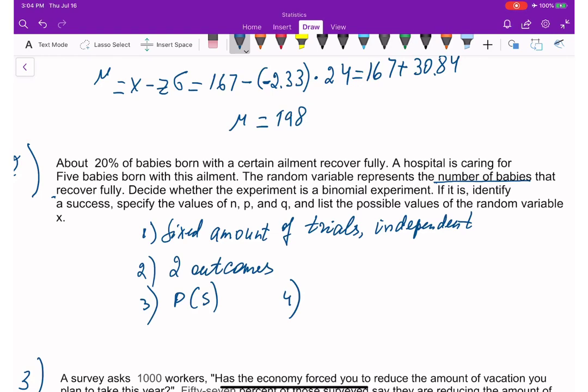Here it is: the 20% of babies with a certain ailment recover fully. So it's a certain number x of successful trials. So it is a binomial experiment.